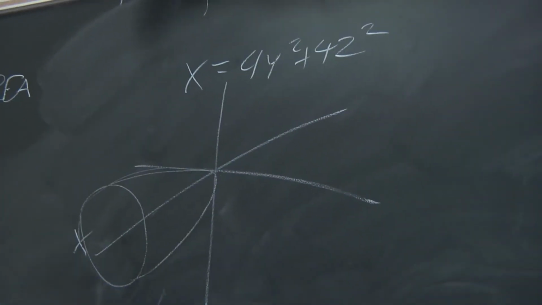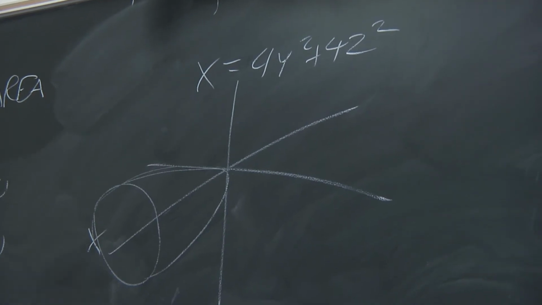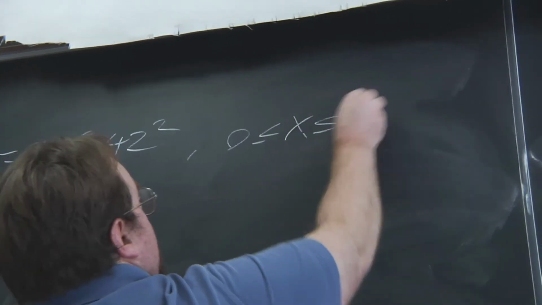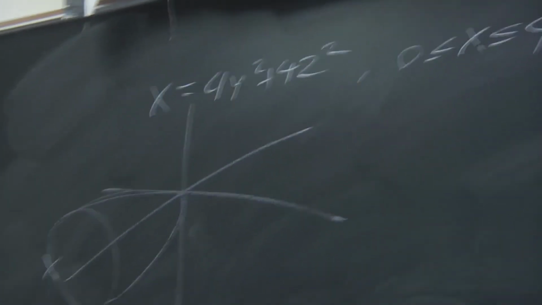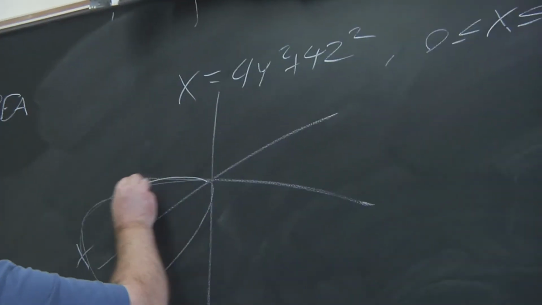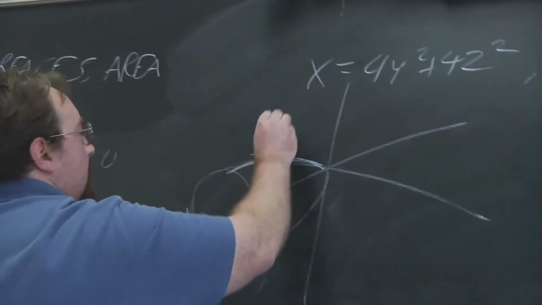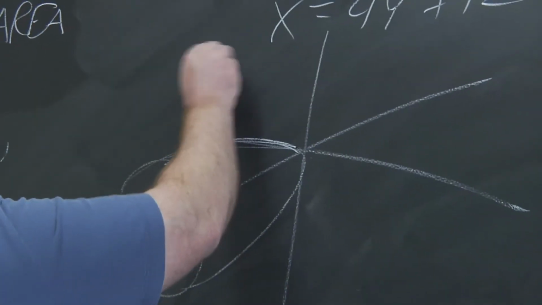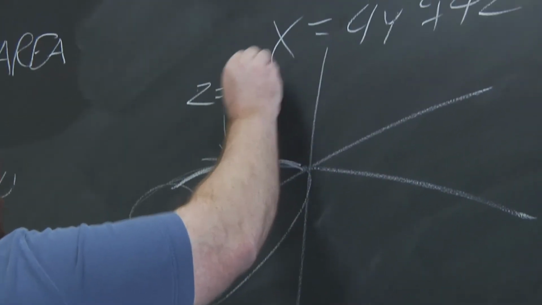All right. And we're going to impose that x is between 0 and 4. Now, this curve right here, running along the top of the paraboloid, is z equal to the square root of x over 4.